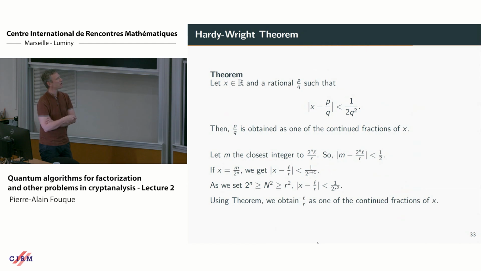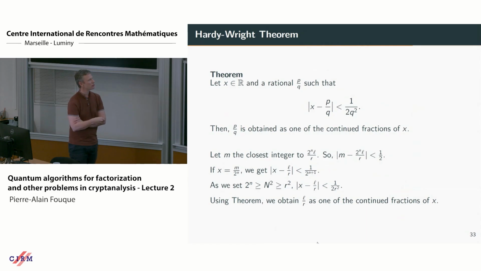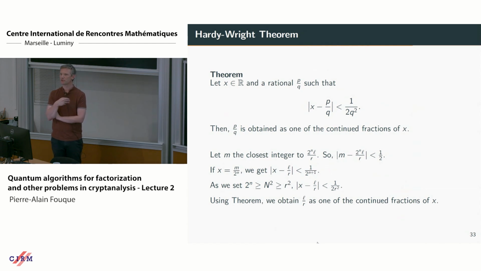If this equation is satisfied, you are in business, and you can recover the order of the element. But it can fail. If the order that you recover is not even, you have to run the whole algorithm once again with another integer a. Is that okay for you? Okay, so this is exactly Shor's algorithm and how it works.